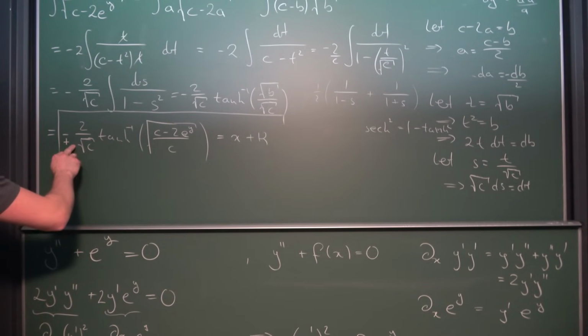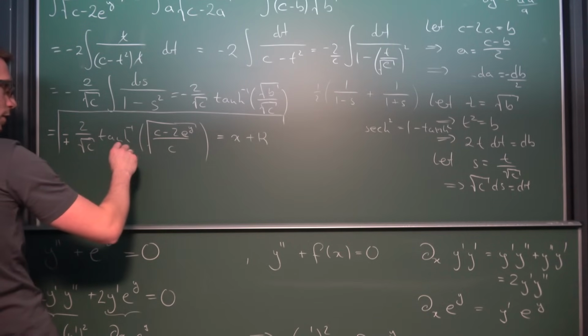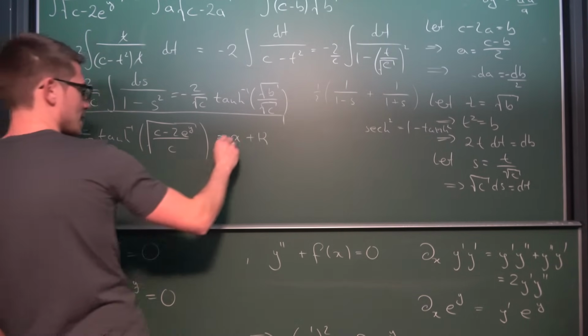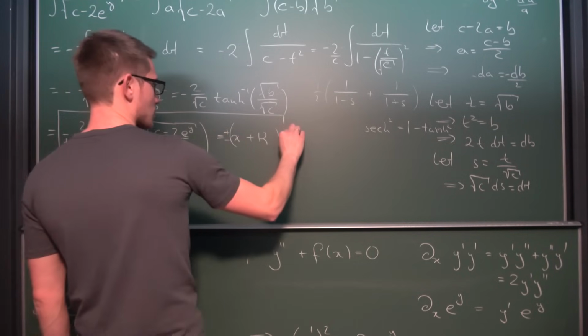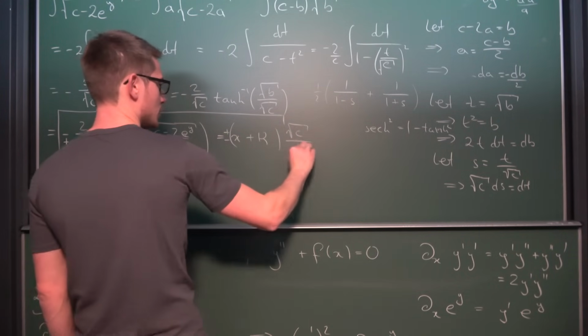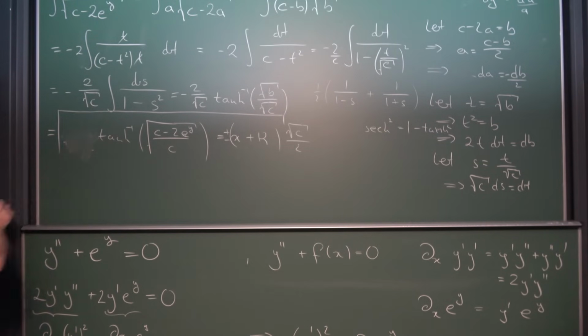Multiplying both sides by plus minus square root of c divided by 2 gives us plus minus square root of c divided by 2 times x plus kappa. Okay, so we got rid of that.